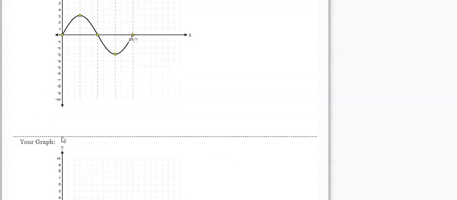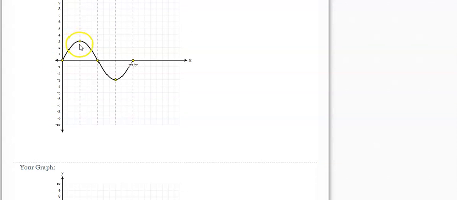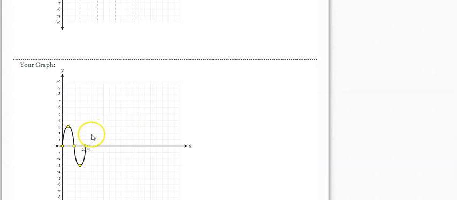They started in the middle. They went up 3, and they went 3 over. Then they have to go 3 over to the next key point, which is in the middle, 3 over to get to the low point, and 3 over again to the last point. Now, I made it easier on myself to just go 1 over every time I find a key point.